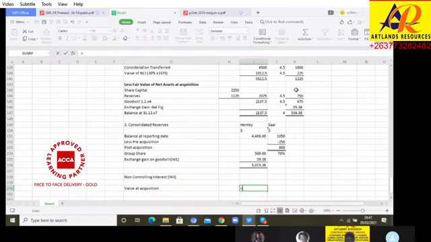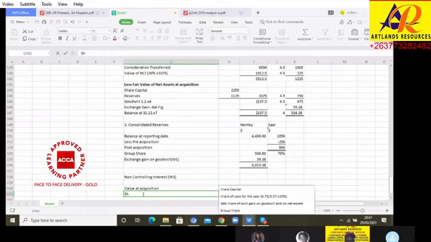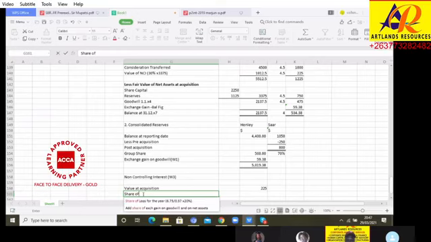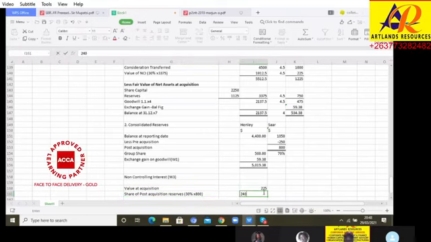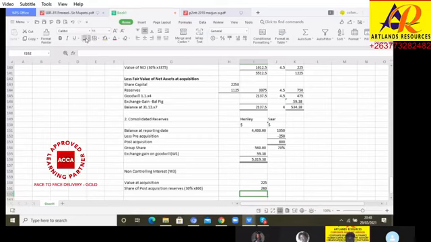So equals 225. And then you say share of post-acquisition reserves. It's just 30% times 800. So you get 240. If you add, this becomes the carrying amount of NCI.